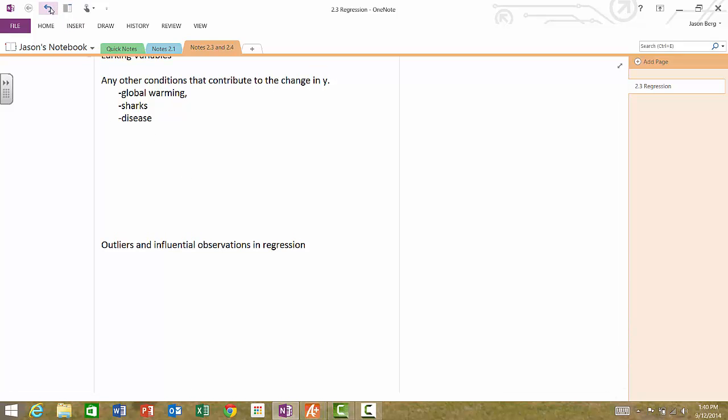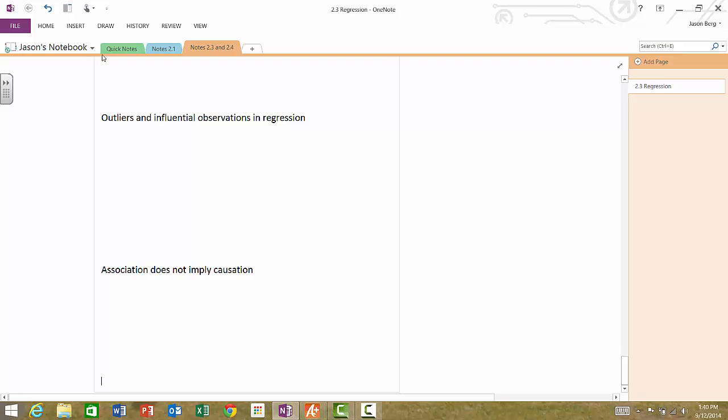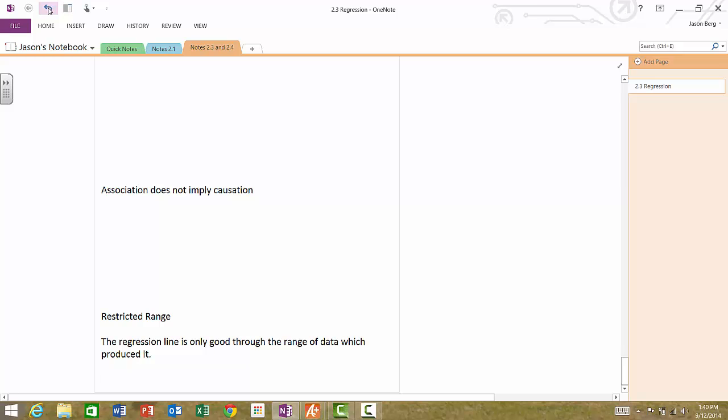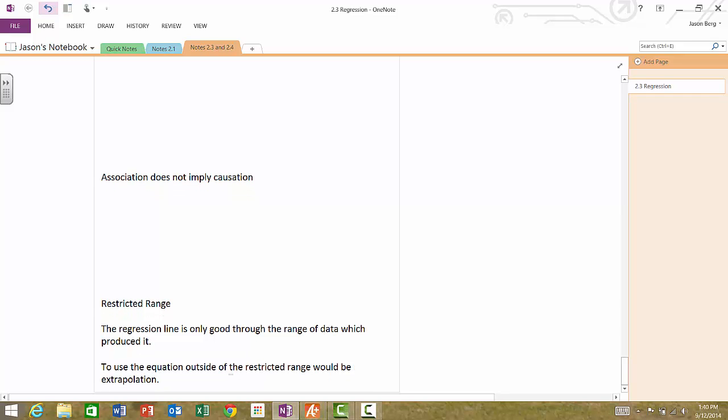Okay, so using the equation for data outside that range would be extrapolation.